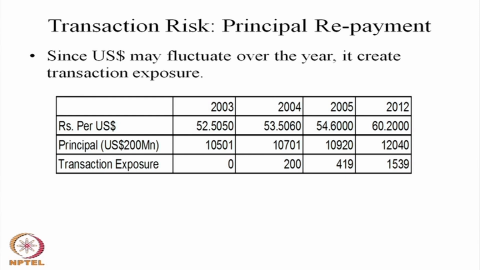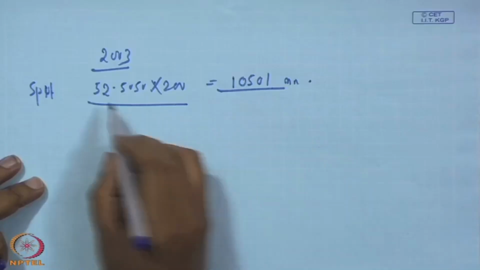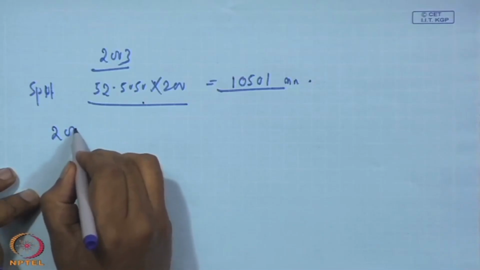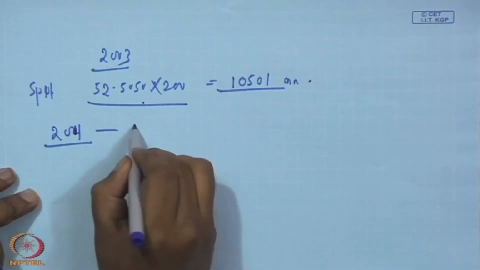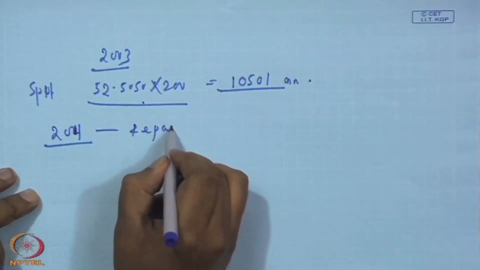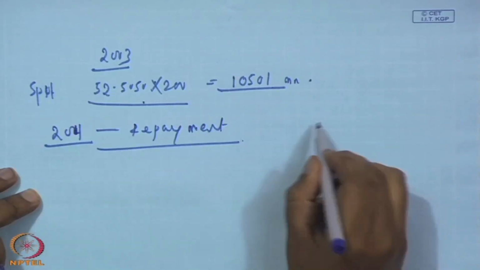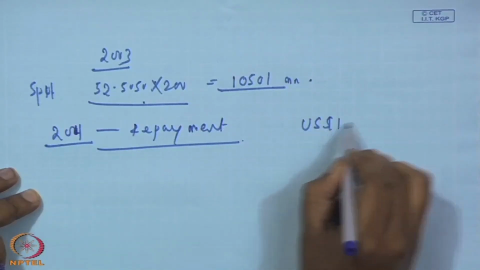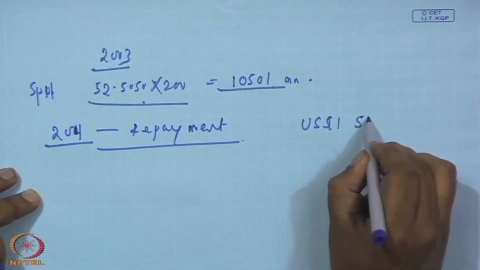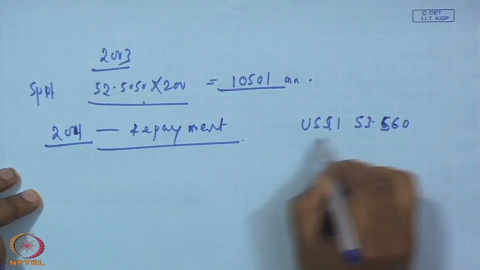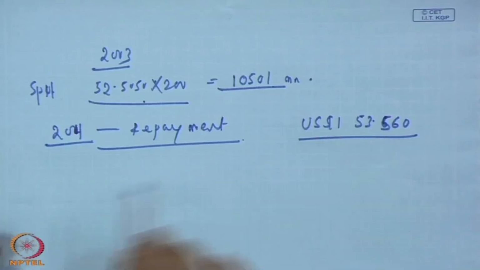How do we calculate this? I have taken 52 as the spot rate. Now suppose in 2004 you wanted to repay, suppose repayment of principal took place in 2004. In 2004 the US dollar is 53.5060, suppose it may be different, suppose 5060.